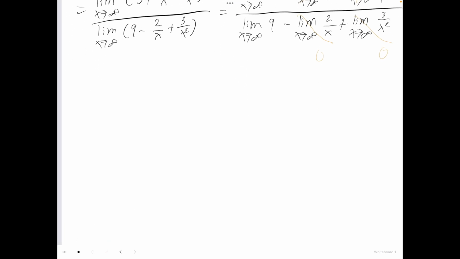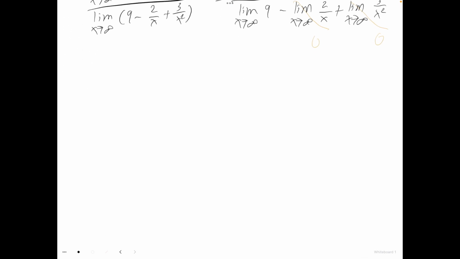Now we're going to look at one more example with a polynomial. We're going to take the limit as x goes to negative infinity this time of 2x squared plus 1 divided by 3x squared plus 5. We're going to do the same trick as before.